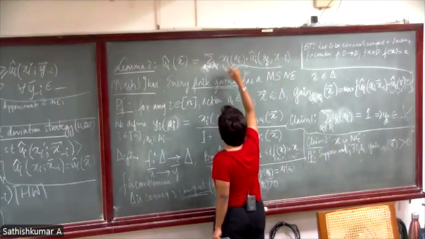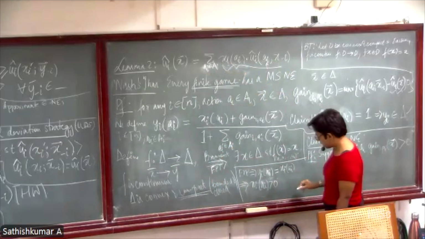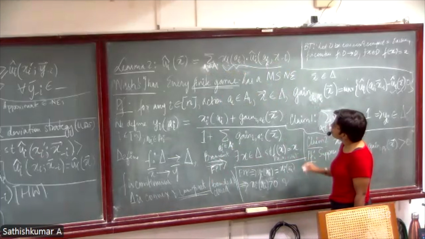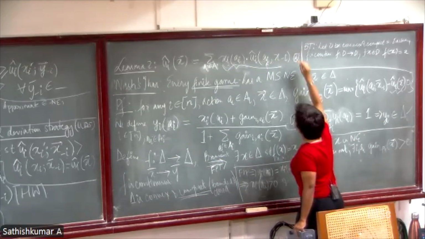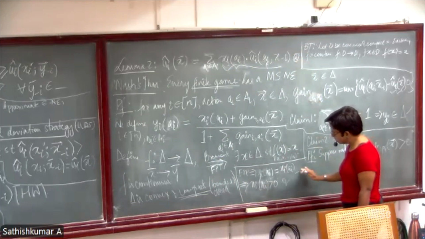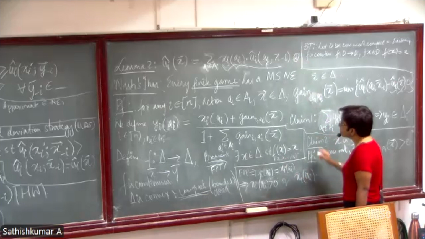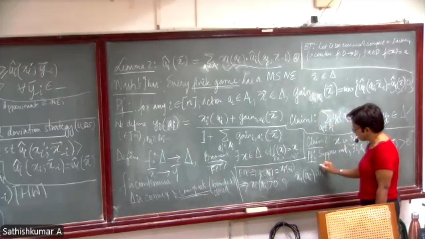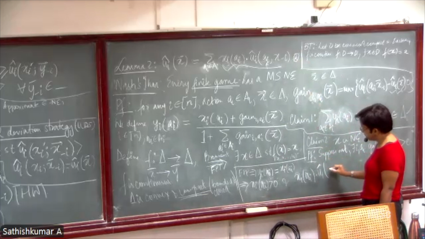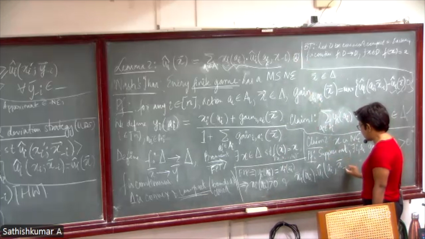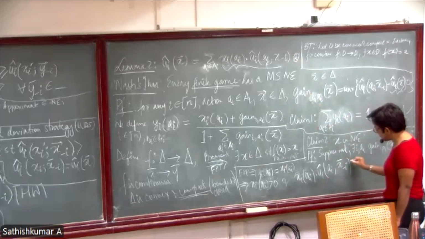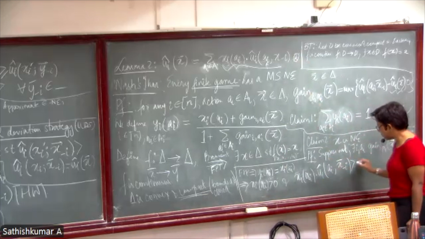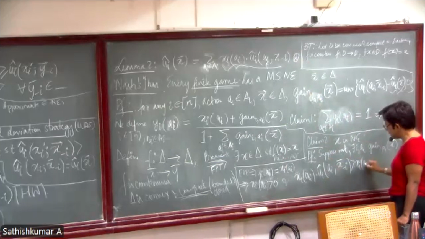So this means this quantity, let me say star, x_i(a_i) times this u_i hat(a_i), is strictly more than x_i(a_i) u_i.